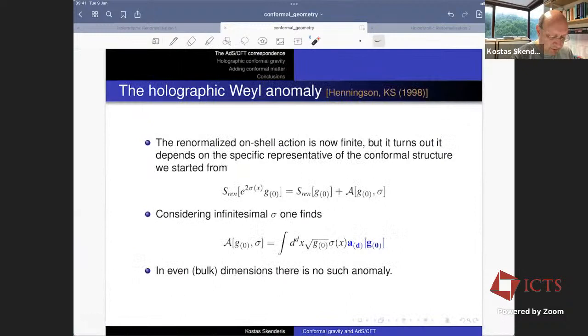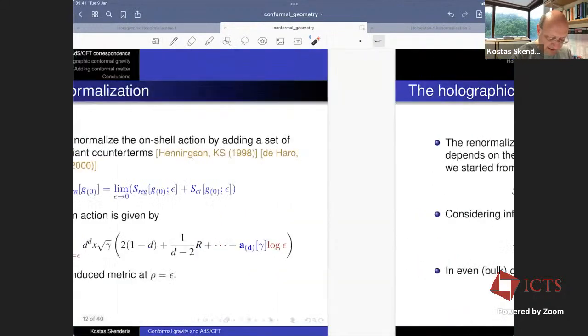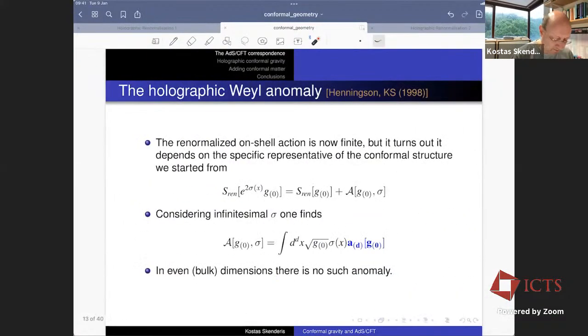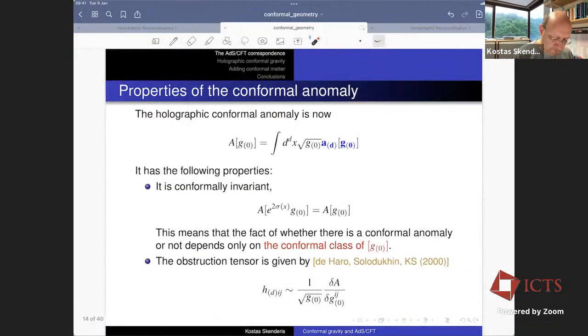So in particular, when you change the representative, one finds that there is an anomalous term, and at the infinitesimal level, the anomaly is precisely the term that multiplies the logarithm. And this anomaly exactly matches the anomaly we expect from AdS/CFT, and we will derive that in a few minutes for d equals 2.